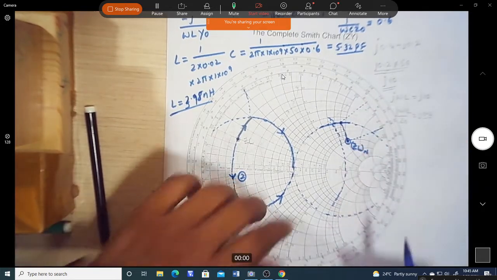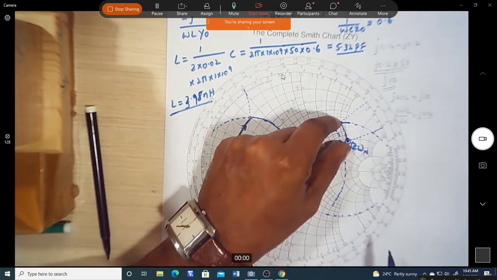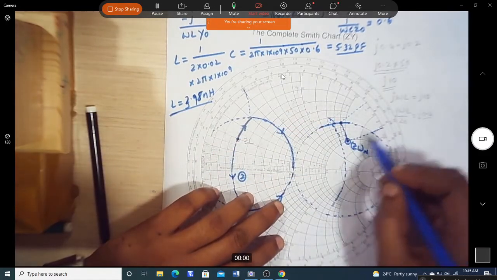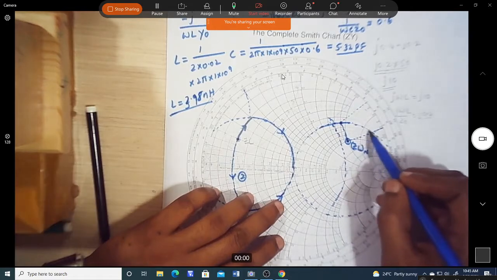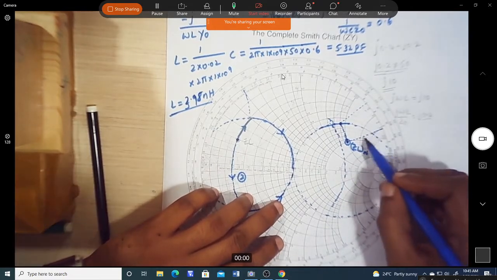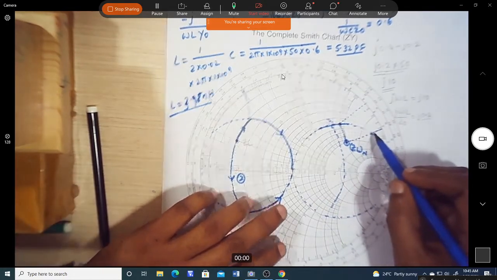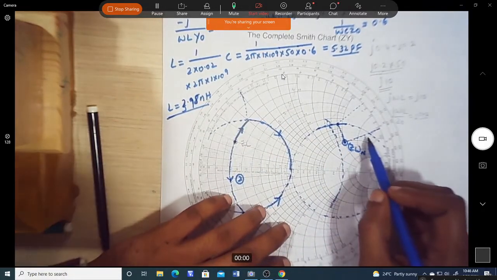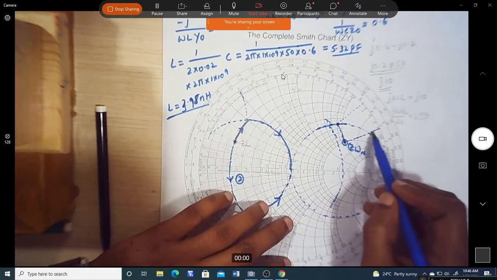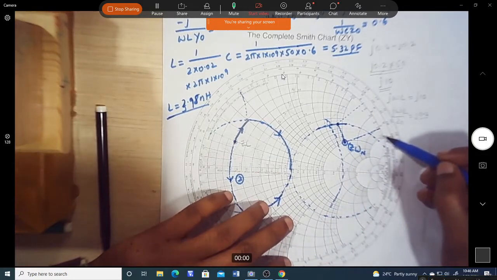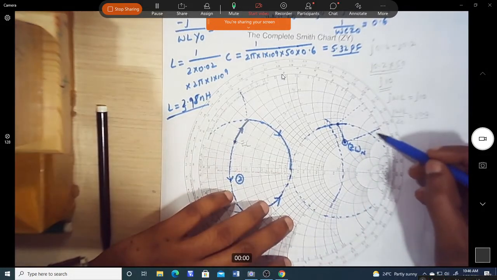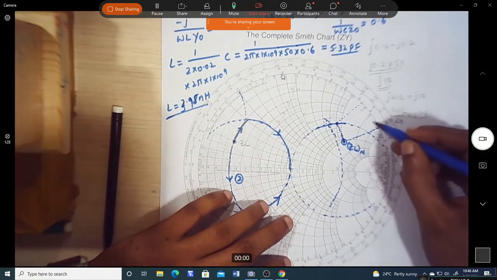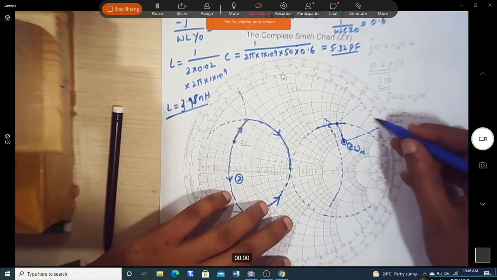So this much susceptance is offered by the inductor. So that susceptance we have to calculate by using this susceptance circle, the dotted one. So if you see in the ZY chart, the admittance values are dotted. So you can see that susceptance value which is dotted. So here it is around 0.2 and 0.3, in between it is there. Okay, so between 0.2 and 0.3 we can take 0.25.